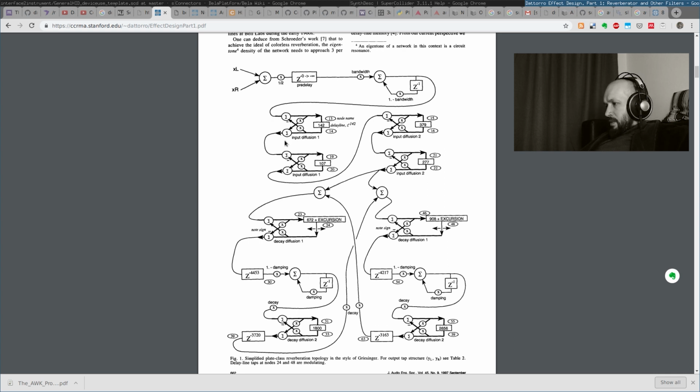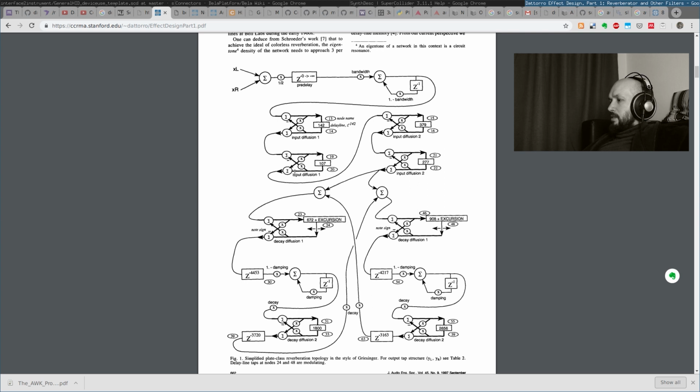An interesting thing here is that the input diffusion 1 and input diffusion 2 parameters each control both the first and second filter, their feedback and the direct path multiplication.